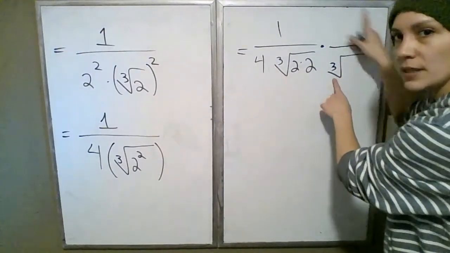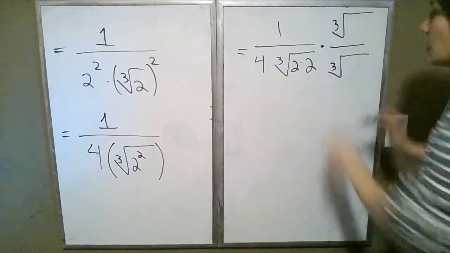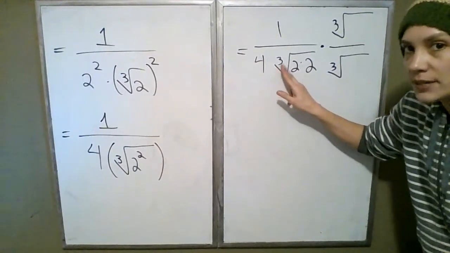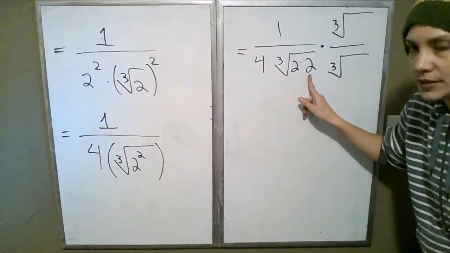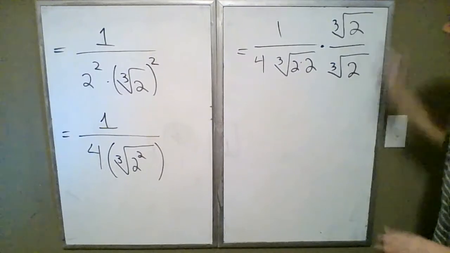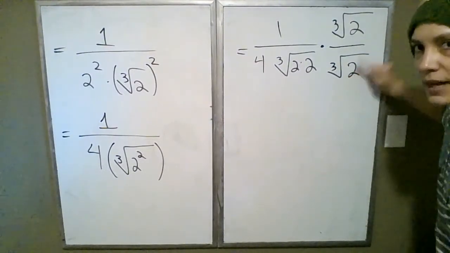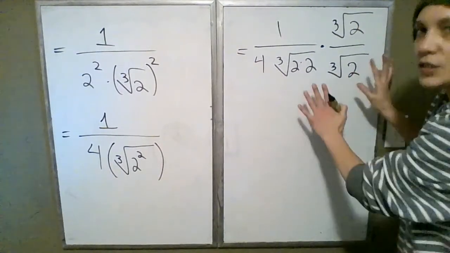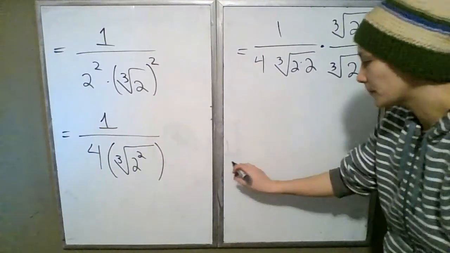But if this is going to be the number 1, then the numerator has to match. Okay, and I want 3 of the same factor since I have a cubed root. And I already have 2 of the factor 2, so if I get 1 more, also I need this whole number here to be the number 1, so it has to match in the numerator and the denominator.